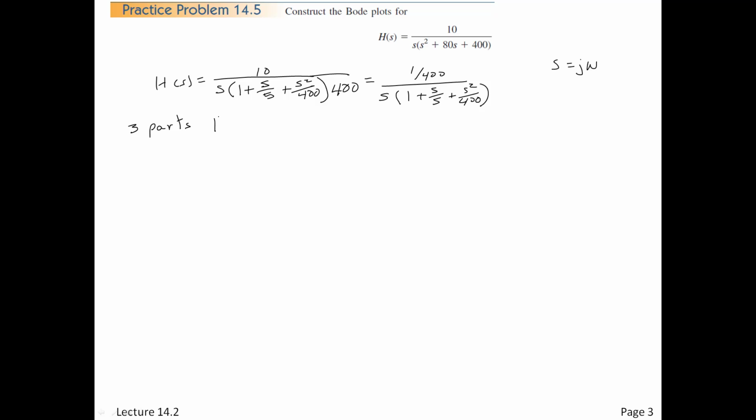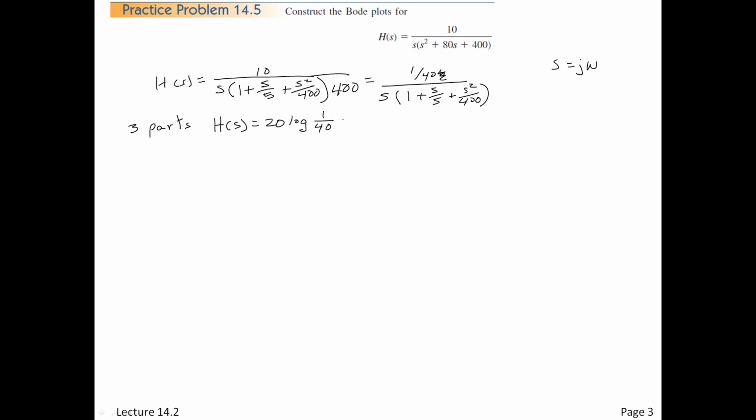And so we can indicate our H of S is equal to 20 log, and when I write it like this, I don't mean natural log. I mean base 10. That's by default. Of 1/40th. And I see I botched it up here. Take that away.